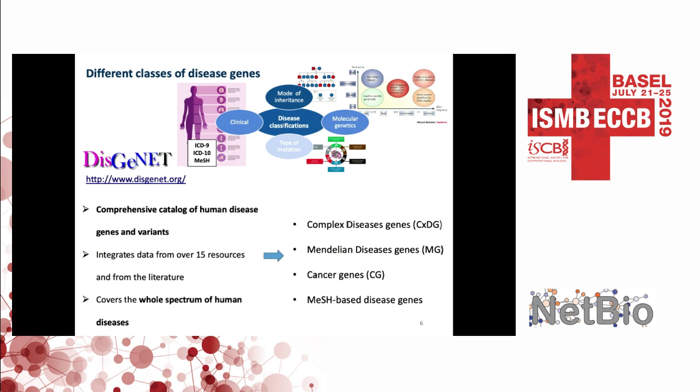As such, it covers the whole spectrum of human diseases: Mendelian diseases, rare diseases, complex diseases, and so on. So it allows us to extract different sets of genes associated with different broad classes of diseases that you can see here. Complex diseases, Mendelian, cancer genes, and then other classifications based on more clinical taxonomies like the MeSH classification.